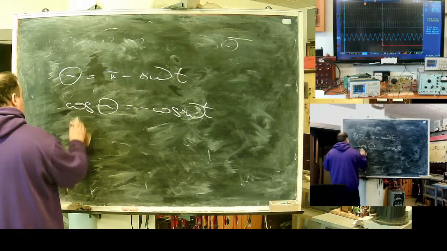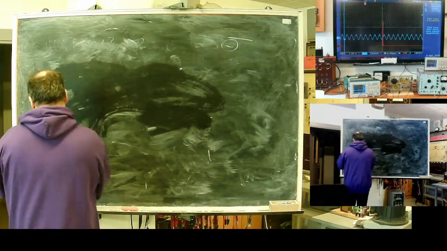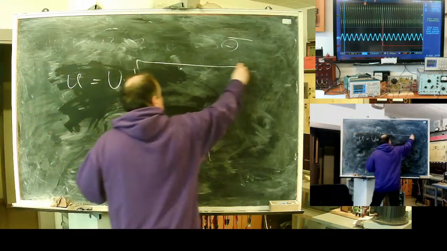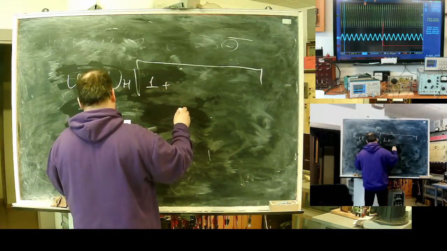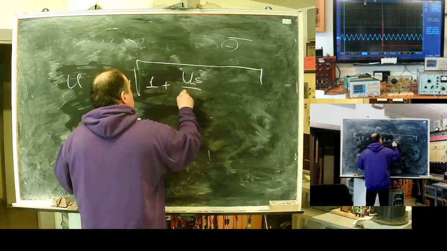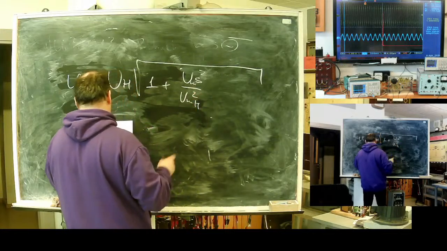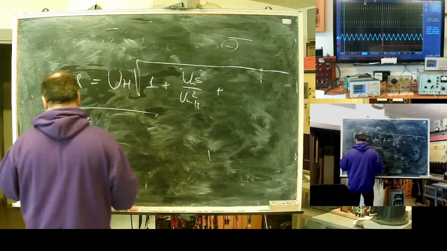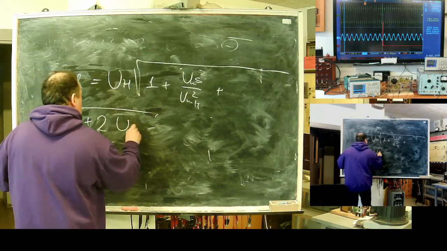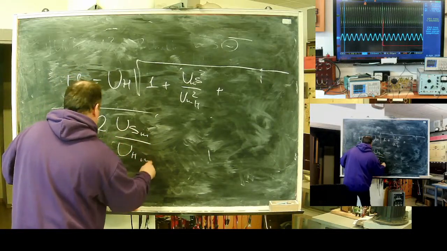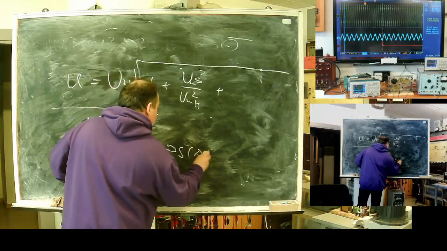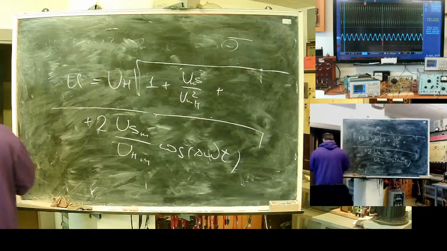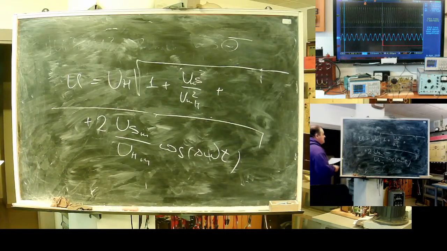So, we can write this resulting voltage, this yellow voltage, as heterodyne voltage times the square root of 1 plus U signal max squared divided by U heterodyne max squared, plus double U signal max divided by U heterodyne max, cosine of delta omega t. Yeah. This is this yellow voltage.